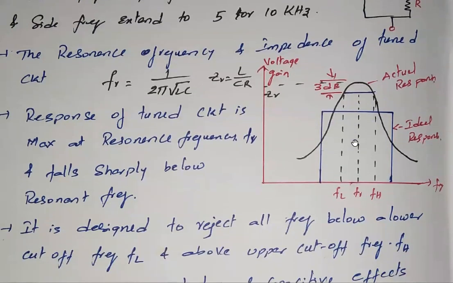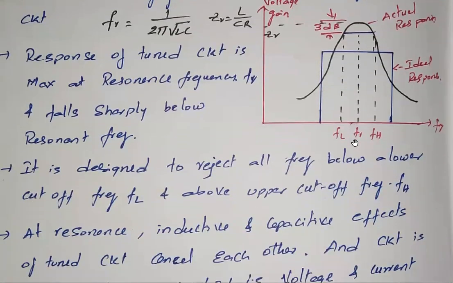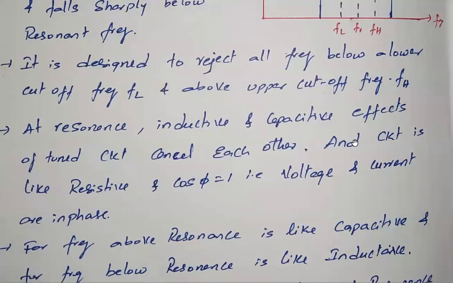Okay, we have verified the relation of the resonant frequency FR equals 1 by 2 pi root LC, and similarly the resonance impedance equals L by CR. Okay, the condition for resonance and the impedance at resonance. And what is resonance? Resonance is when the frequency of the applied signal is equal to the natural frequency of the tuned circuit, then the circuit is said to be under resonance.